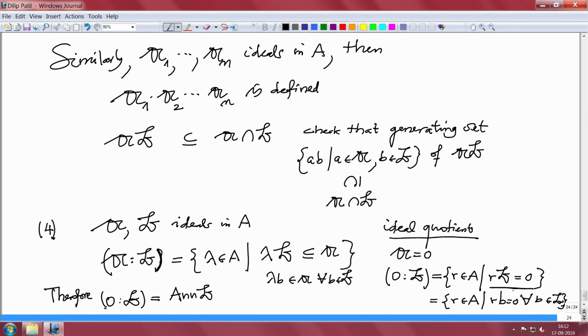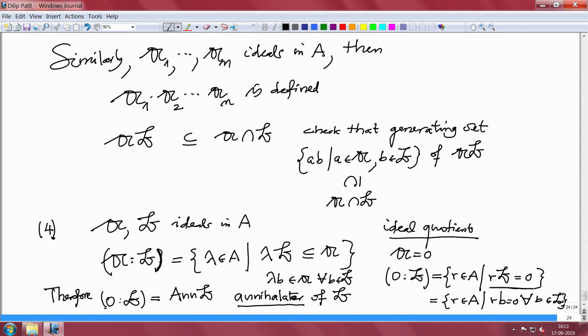It annihilates. So, this is called the annihilator of 𝔟.